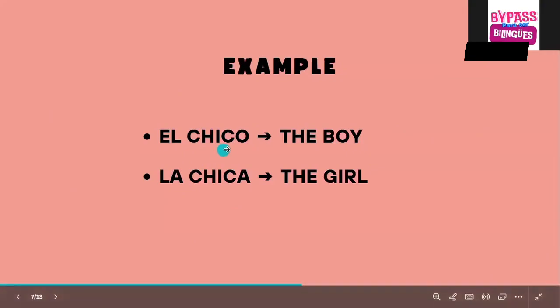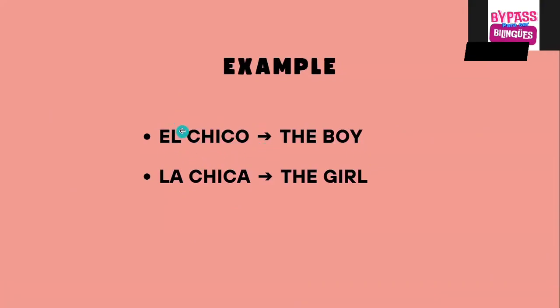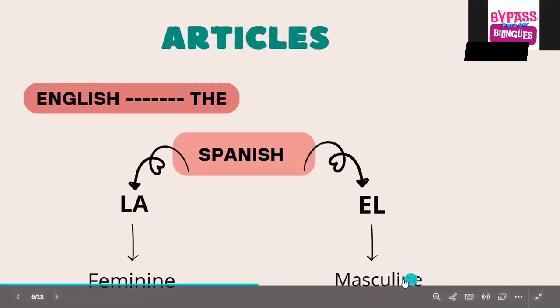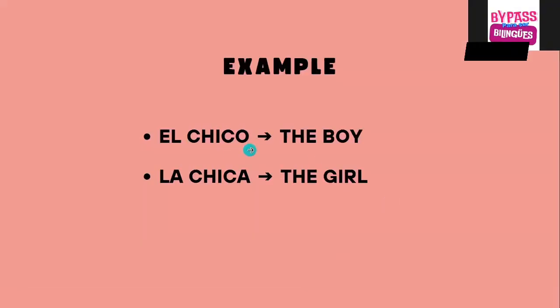For example, chico is masculine and we need to match the noun with the article, and the article for a masculine noun is el. So we need to match chico with the masculine article.